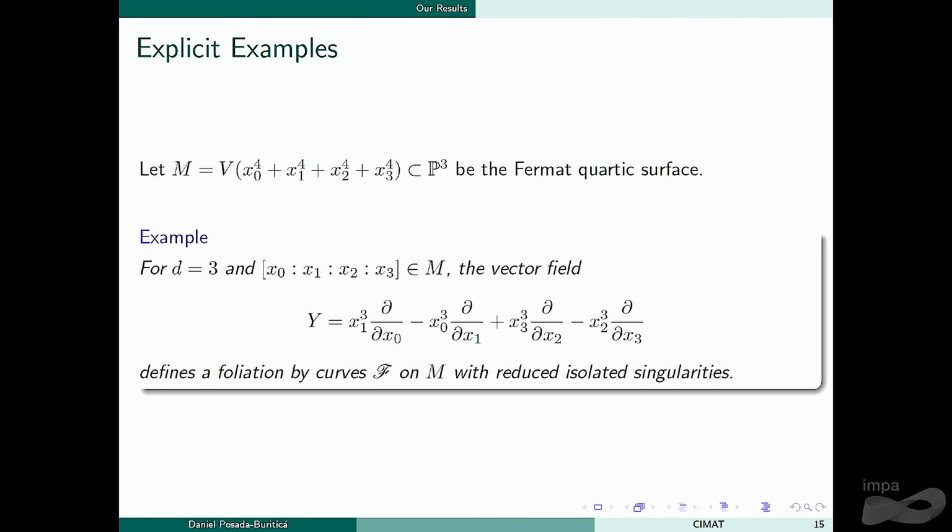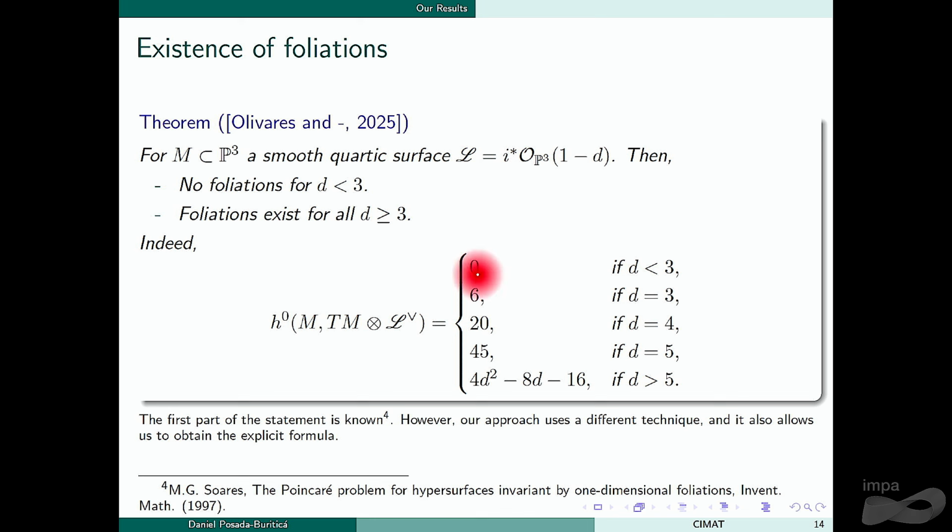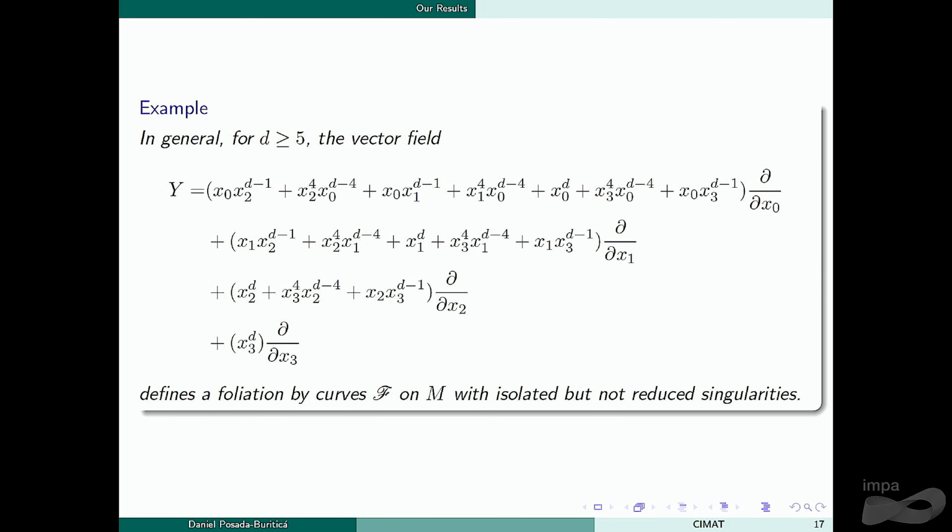Here the dimension of the space is 6. It's not unique, but we have the form of the generators. However, not reduced is not important. The main important hypothesis is isolated.